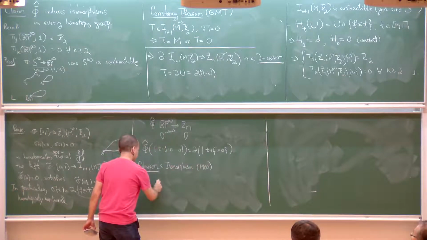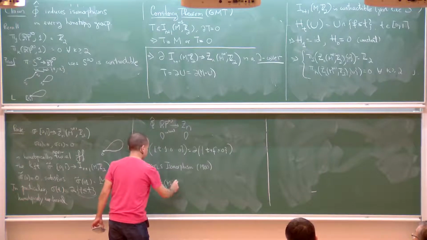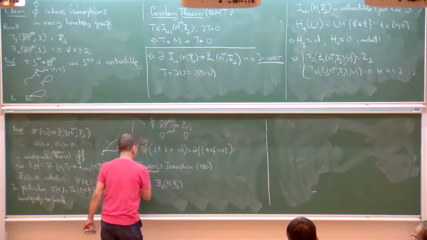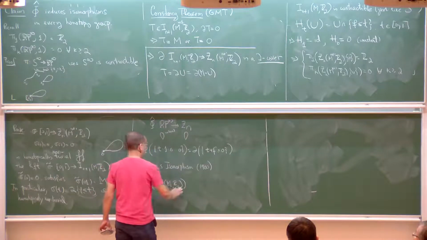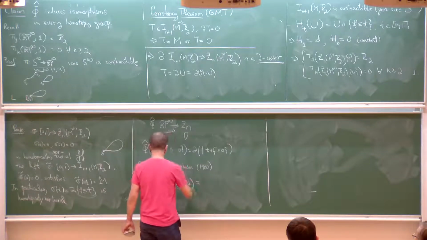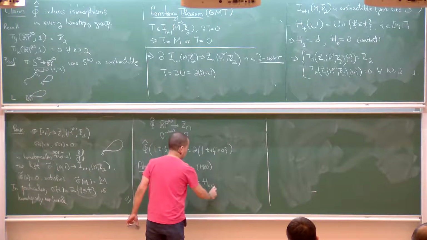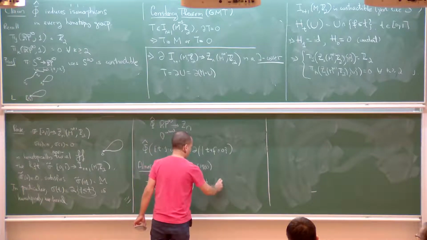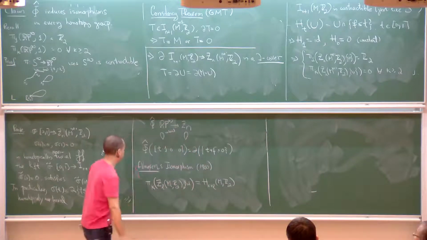If I take the space of L-dimensional chains in some manifold, and if I compute pi k of this, maybe based on the 0 cycle, this is canonically isomorphic to the k plus L dimensional homology of M. So this is the formula.